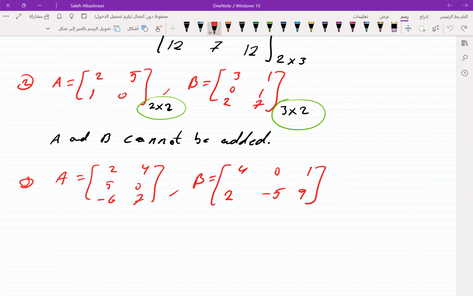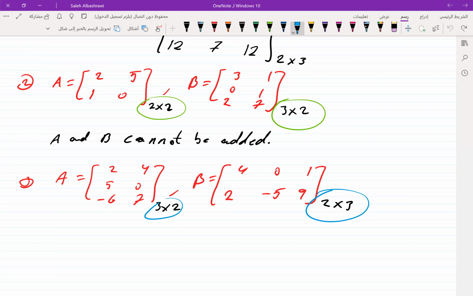Now the size of the first matrix is 3 by 2. Size of the second one is 2 by 3. 3 by 2 gives me 6 elements, and 2 by 3 is 6 elements, but they are not of the same size. These are not equal. First one has 3 rows, 2 columns. The second one, 2 rows and 3 columns.